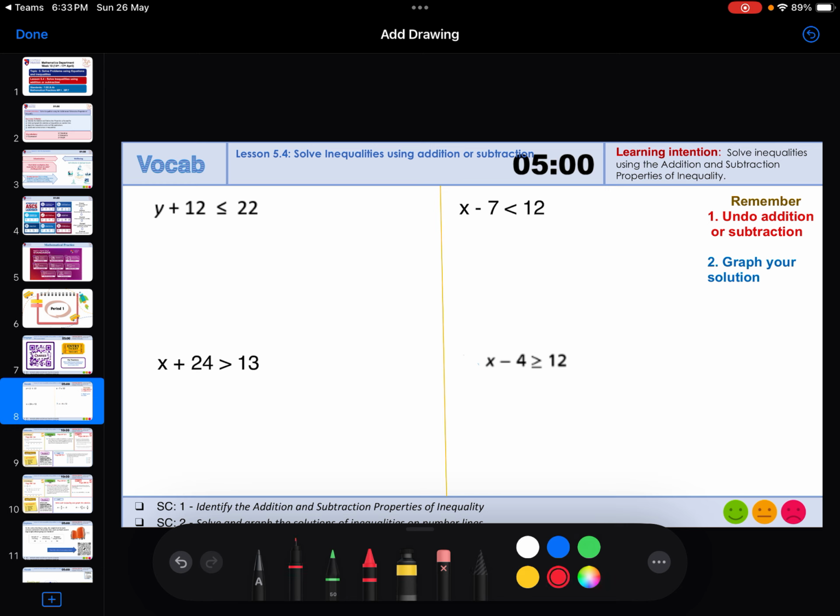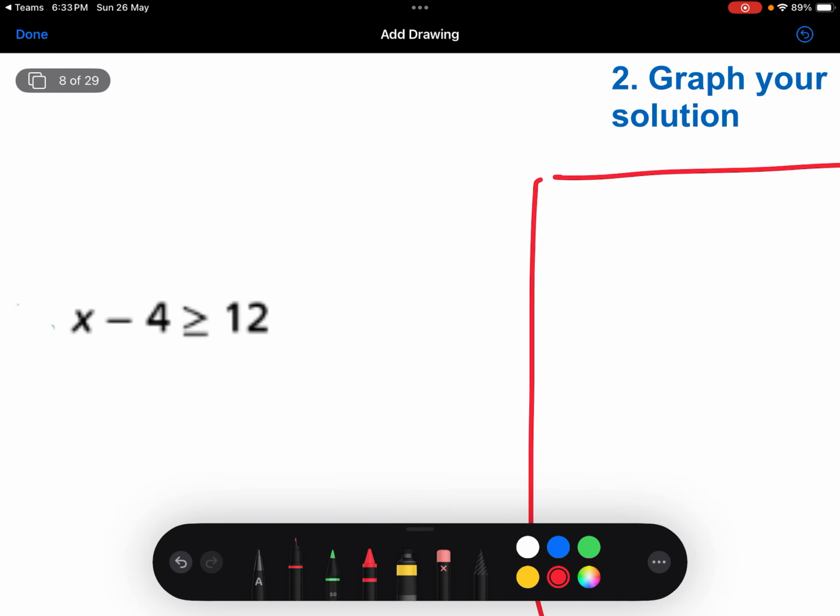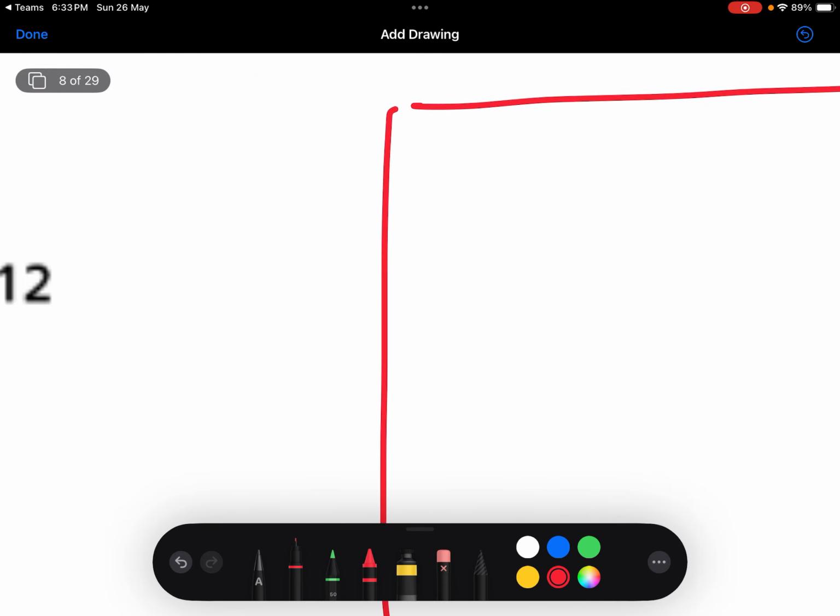I just want to focus on an idea here, that an inequality is basically any expression that contains one of these signs: greater than, less than. We read it from left to right.